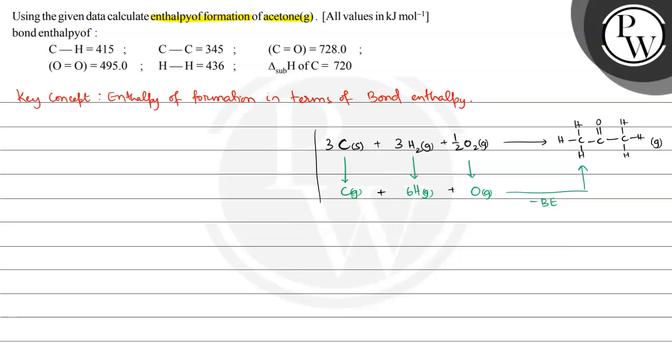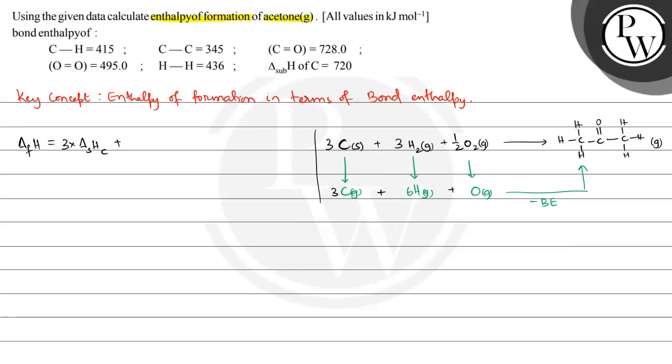So here enthalpy of formation delta F H is equal to, first 3 moles of carbon are converted into 3 moles of carbon gas, so 3 multiplied by heat of sublimation of carbon delta SH of carbon plus 3 moles of hydrogen are getting converted to 6 moles of hydrogen atom.